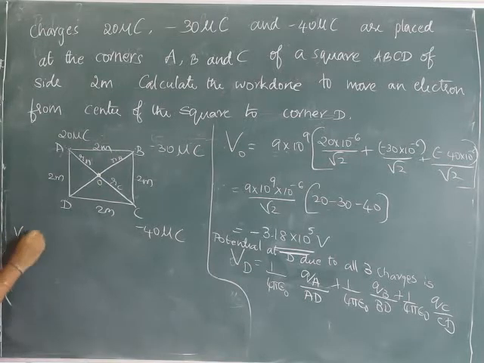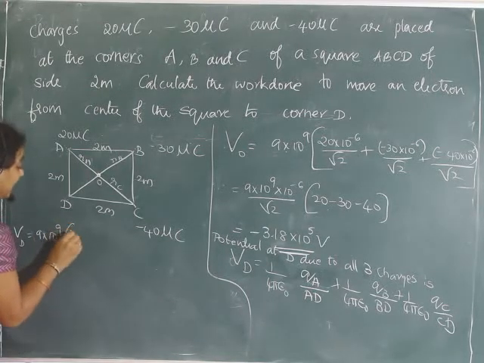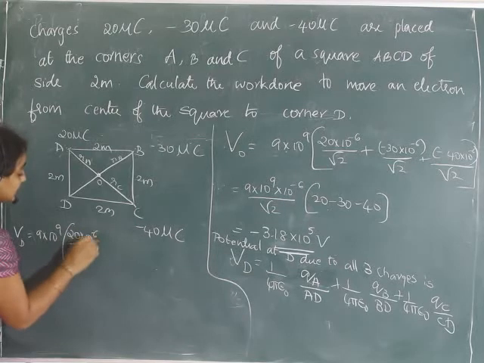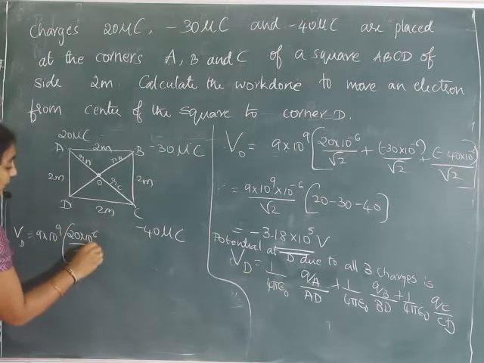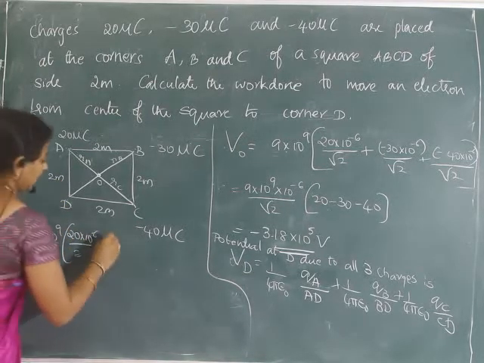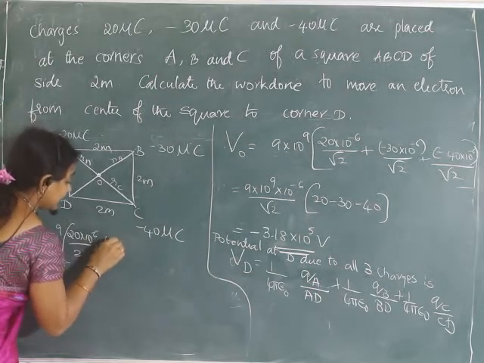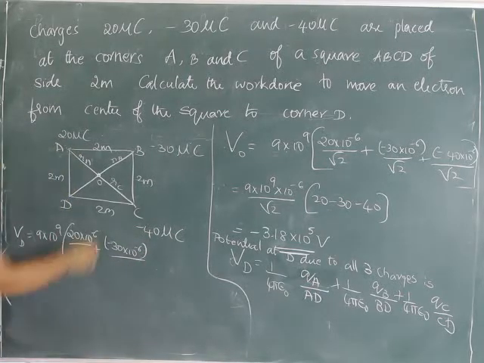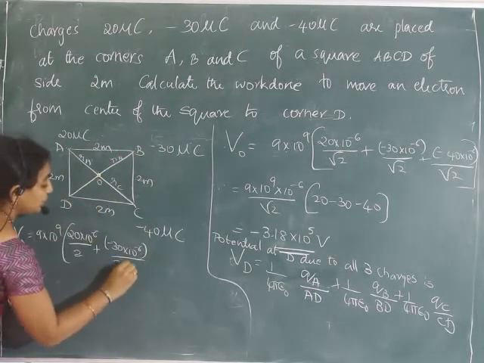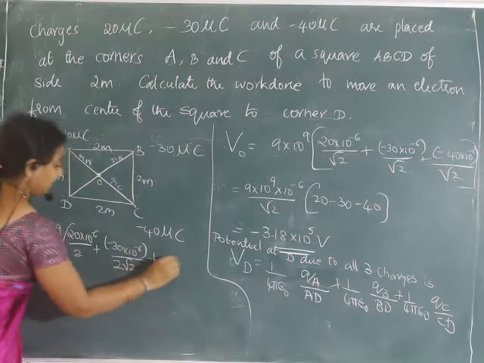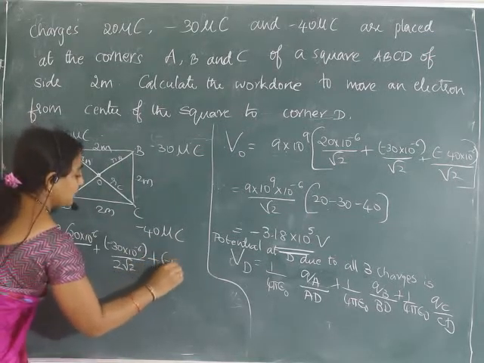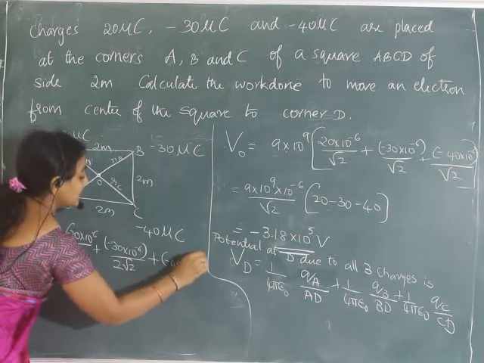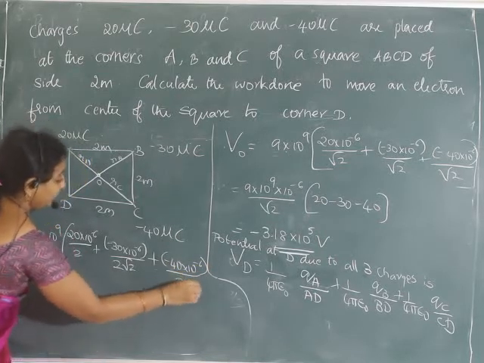VD is equal to 9 into 10 to the power 9 same. QA, 20 into 10 to the power minus 6 divided by 2, plus QB, minus 30 into 10 to the power minus 6 divided by 2 root 2, plus minus 40 into 10 to the power minus 6 divided by 2.